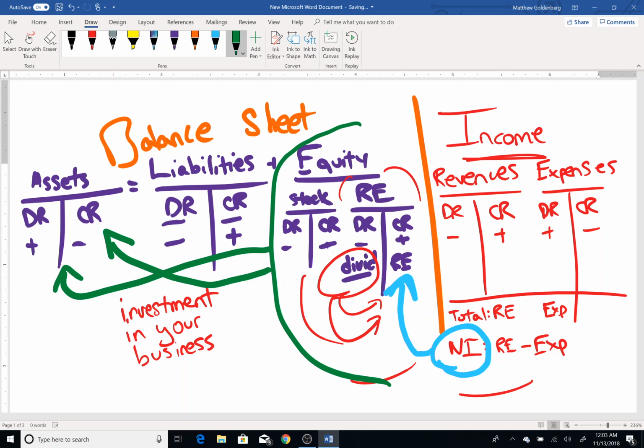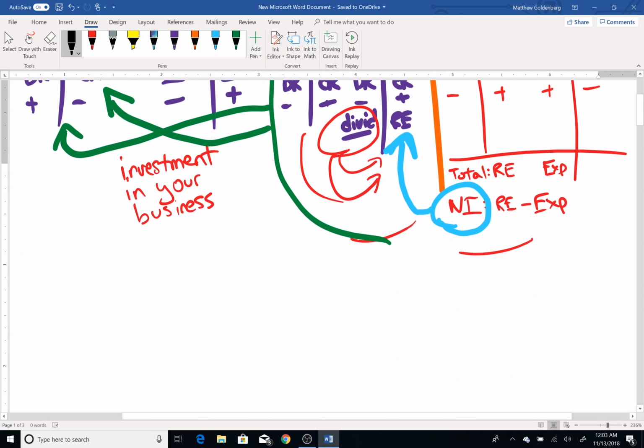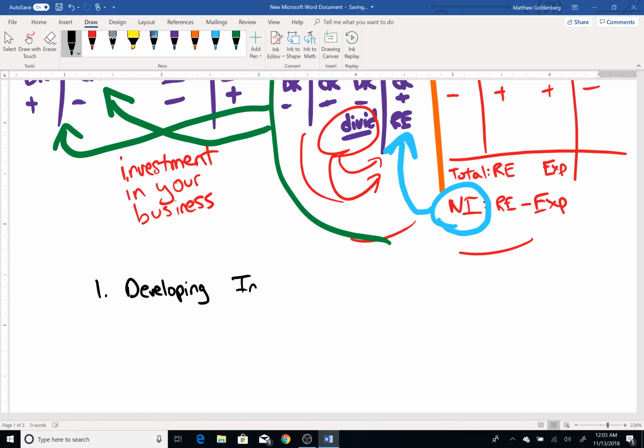And that's why when you're typically doing this in accounting and forming these sheets, you start first by developing the income statement, and then second, by developing your balance sheet.